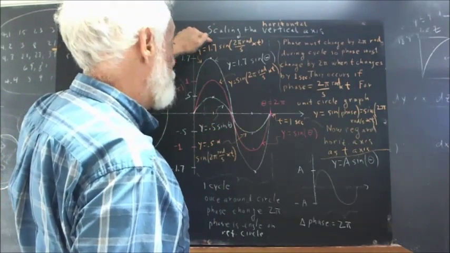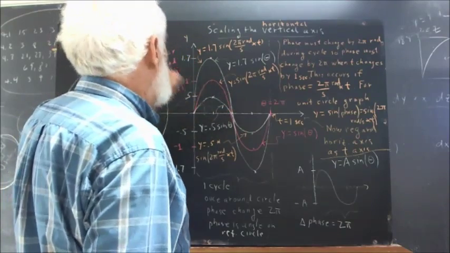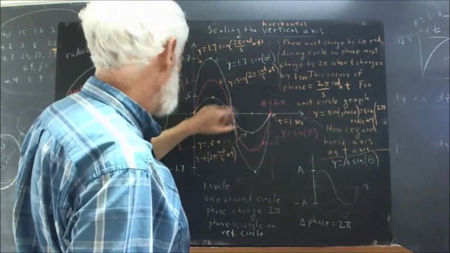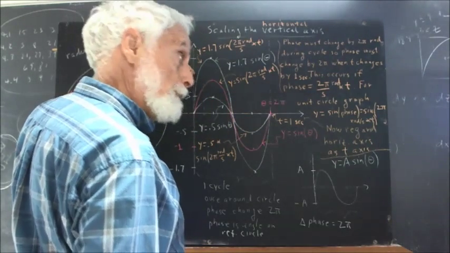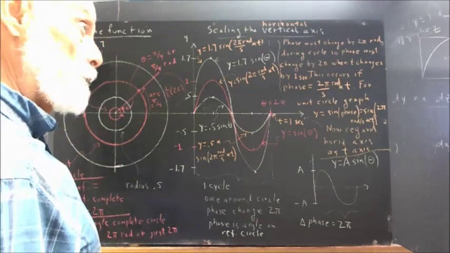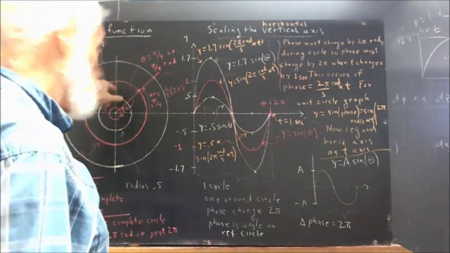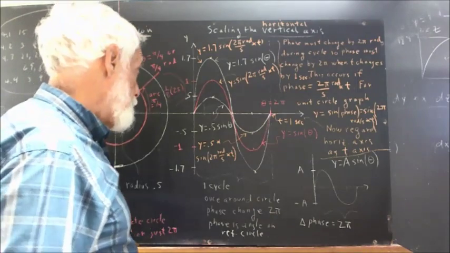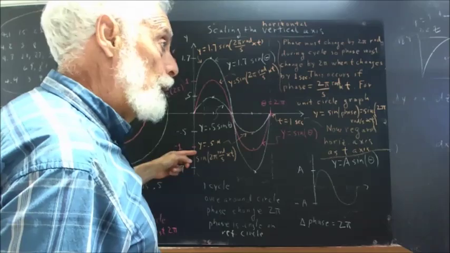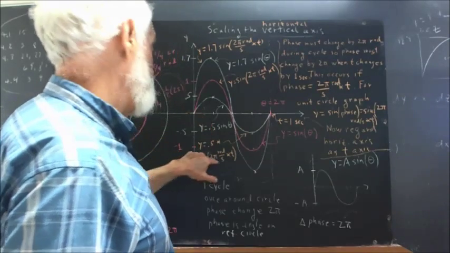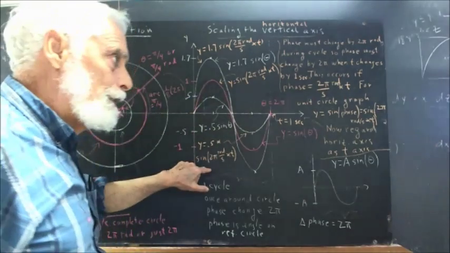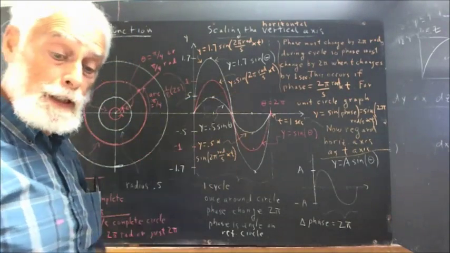So for any t, the y value here is 1.7 times the y value here, and that's exactly what it should be if this circle really does have radius 1.7 to the unit circle radius, with the unit circle having radius 1. And similarly down here, just y equals 0.5 times the sine of 2 pi radians per second times t, half the y value of this function at every point.